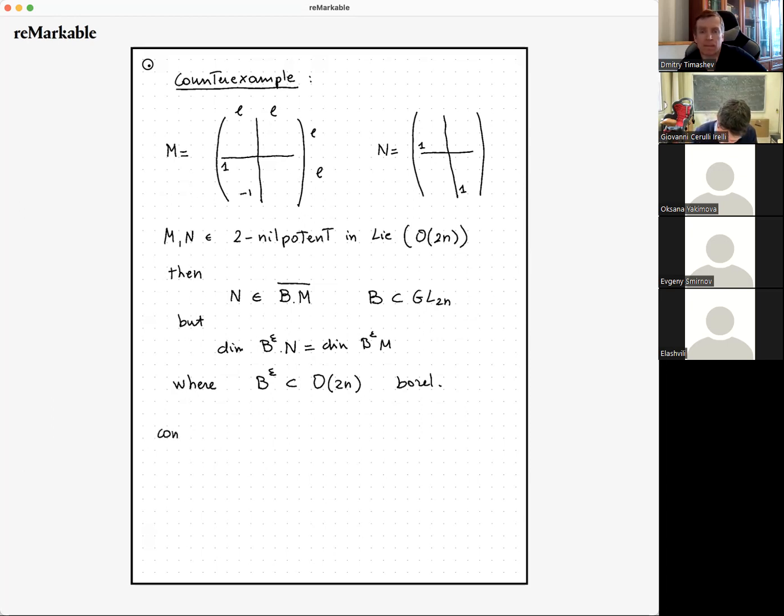Actually, we conjecture that in type C it is true. So the degeneration order for the Borel action of GLn induces a degeneration order for the Borel action of the symplectic group.